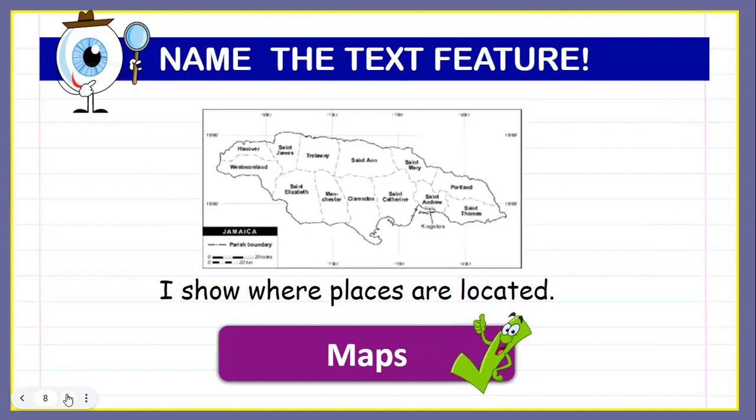Maps are text features and they show where places are located. So if I want to see where Clarendon is located on the map of Jamaica, I can just take out my atlas and look at the map of Jamaica until I see where Clarendon is located.